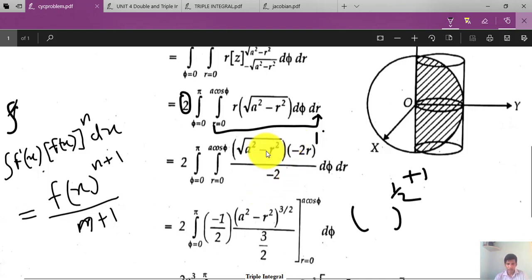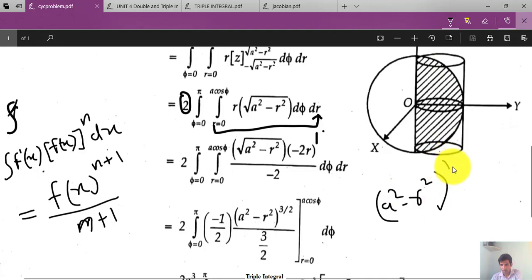And if I take a square minus r square raised to 1 by 2, now n is my 1 by 2, and what is the differentiation of this internal f of x?